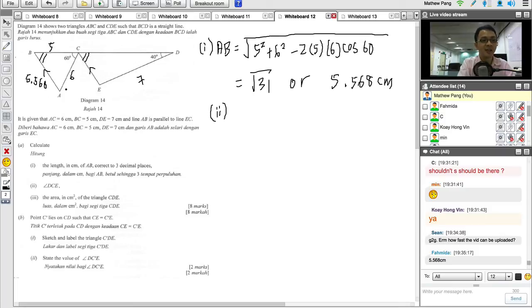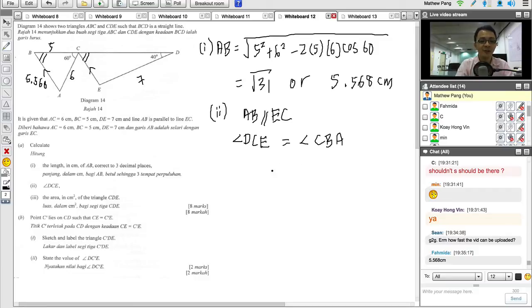So that means I can use the sine rule to find this one. Before that, I will say AB is parallel to EC. Therefore, angle DCE will be the same as angle CBA or ABC.